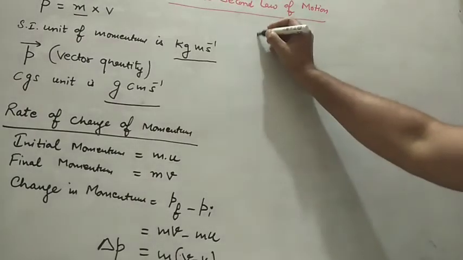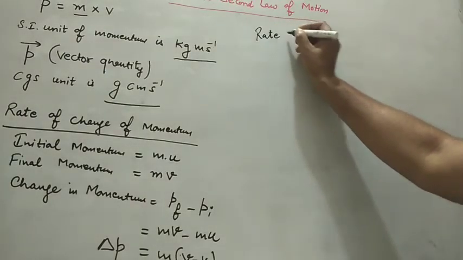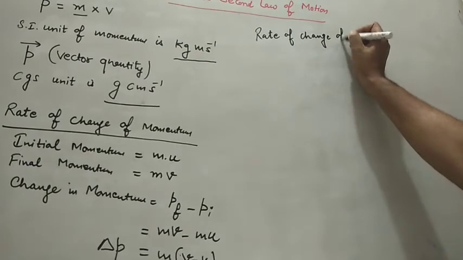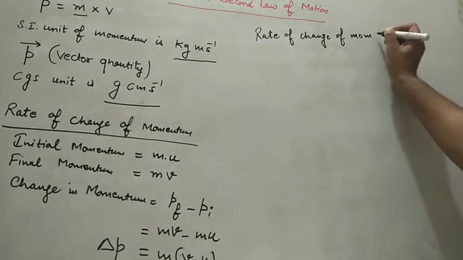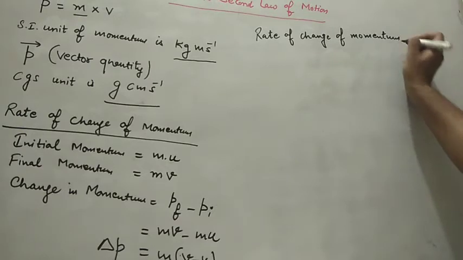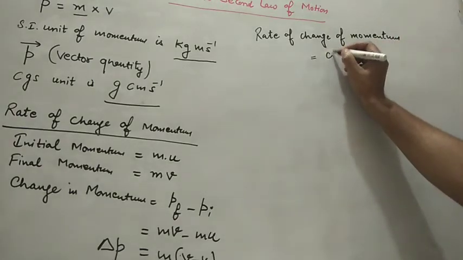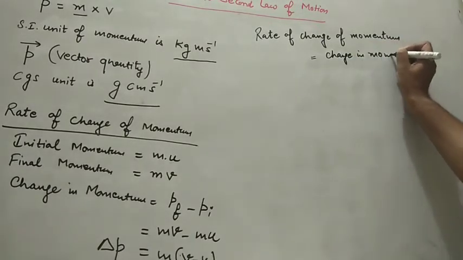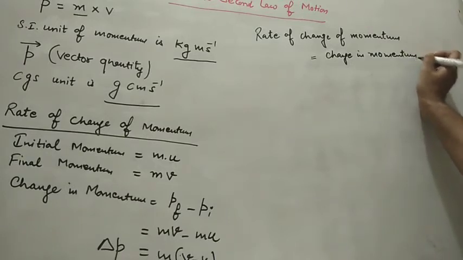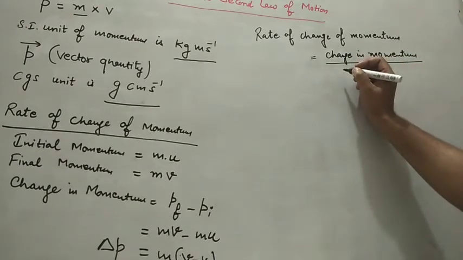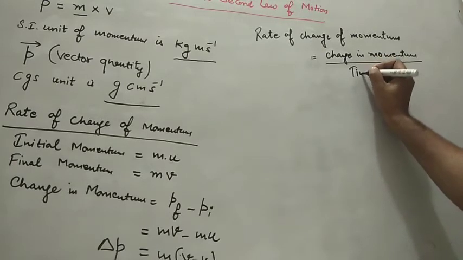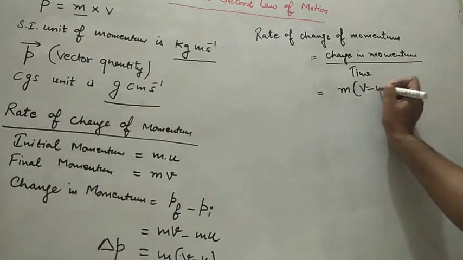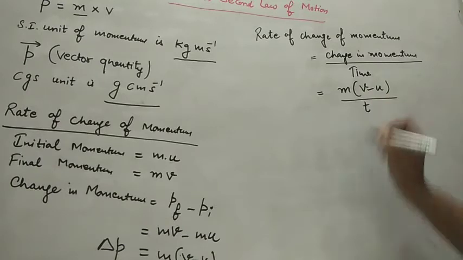So the rate of change of momentum is equal to the change in momentum upon time, the time taken to get the change. So that is m(v minus u) upon t.